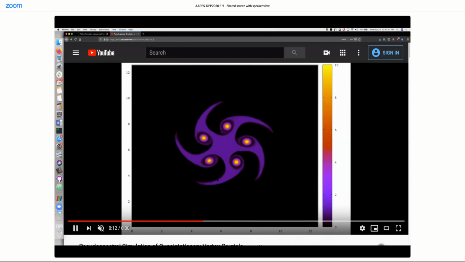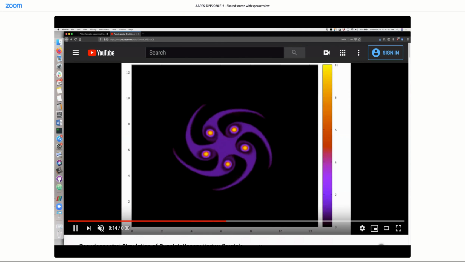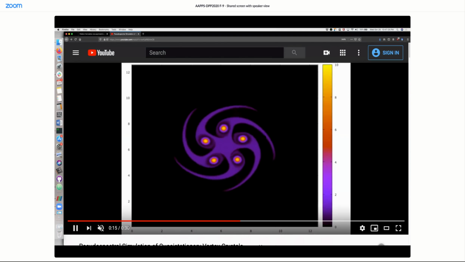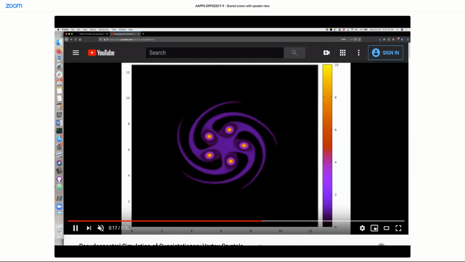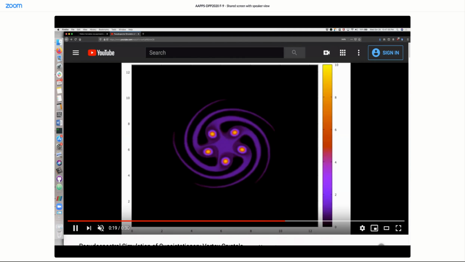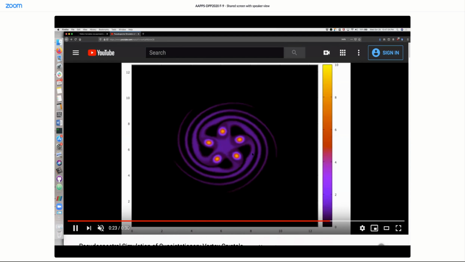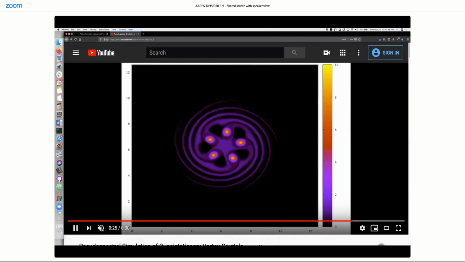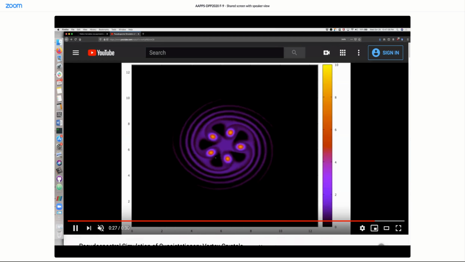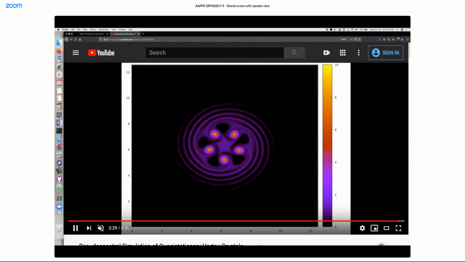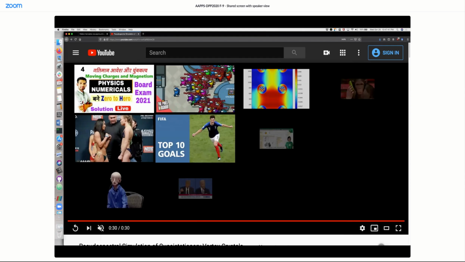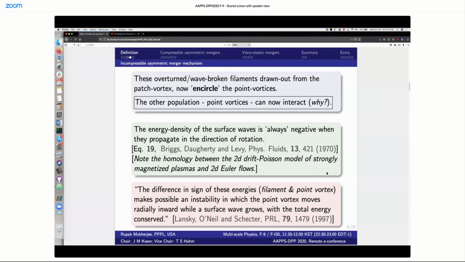And if you wait further, they go inside and form something like, so this part, this black part, is a region of zero vorticity. As it moves forward, this region of zero vorticity gets trapped here. So now you have a vortex and hole pattern.